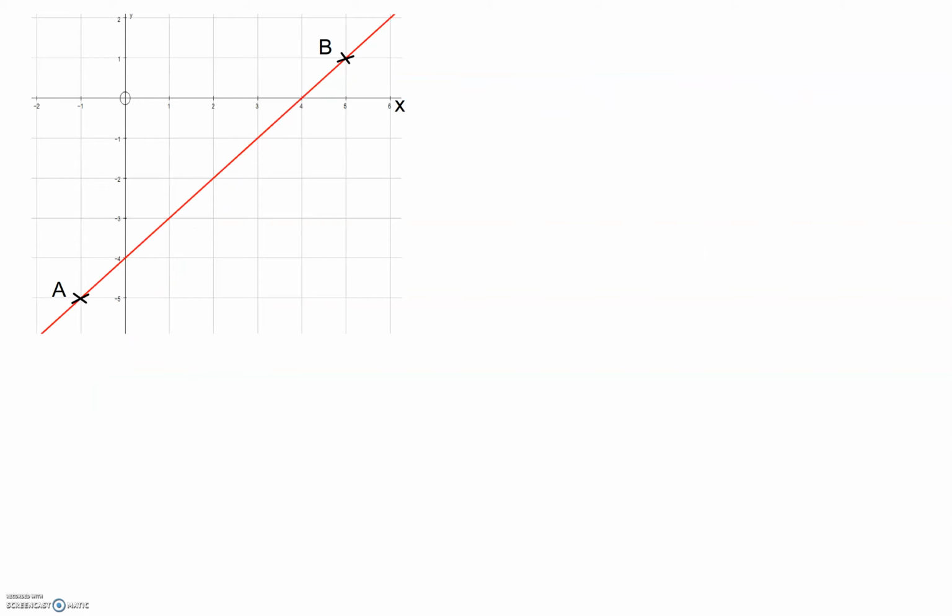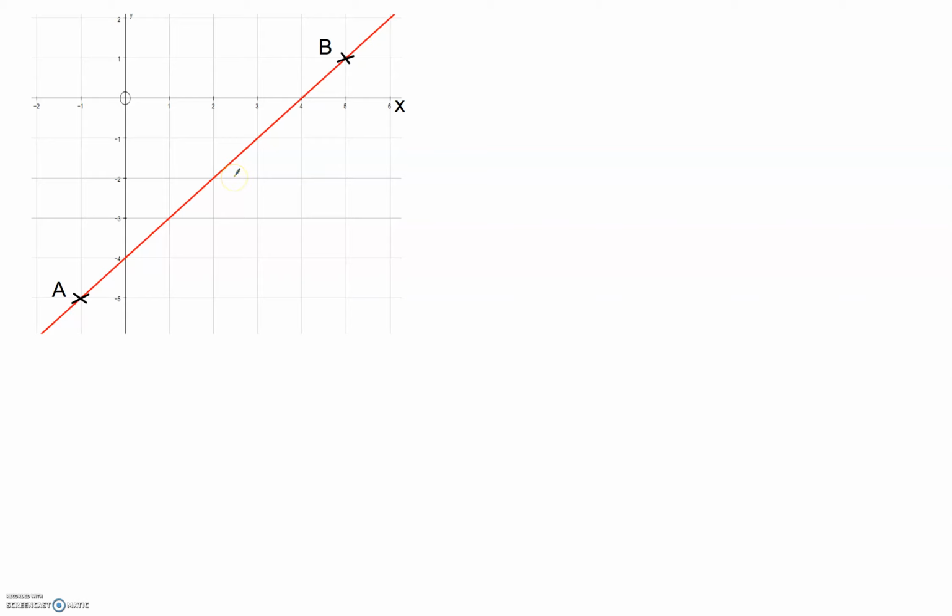So now we've got a different graph, and we're going to do exactly the same as we did last time. The first thing I'd like you to do is to find the equation of the line AB, looking for the gradient and looking for the y-intercept. So pause the video and see whether or not you can find the equation of the line.